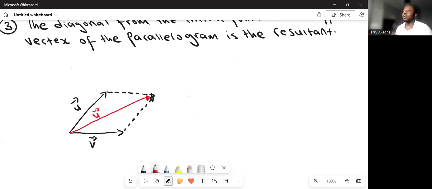So it's going to be U plus V. Or if you want to express it in terms of Q and P, we can also do the same thing. You can have P, then we can have Q.